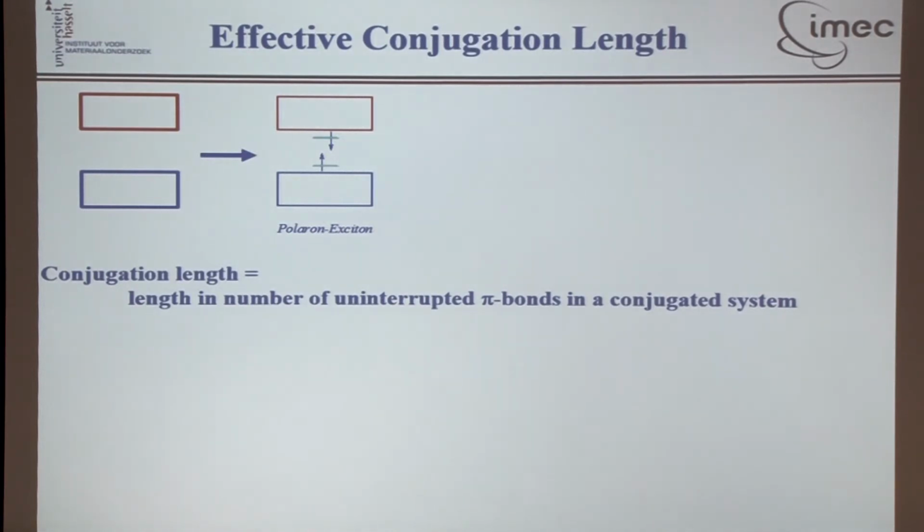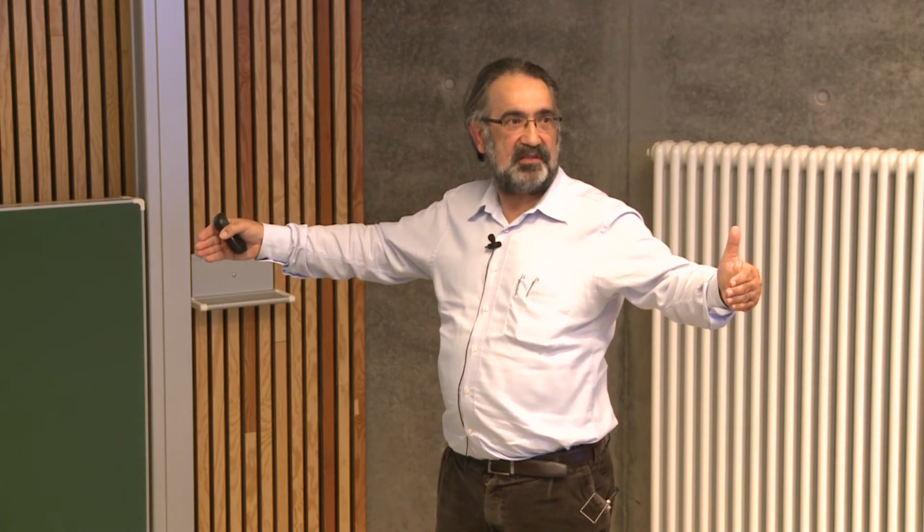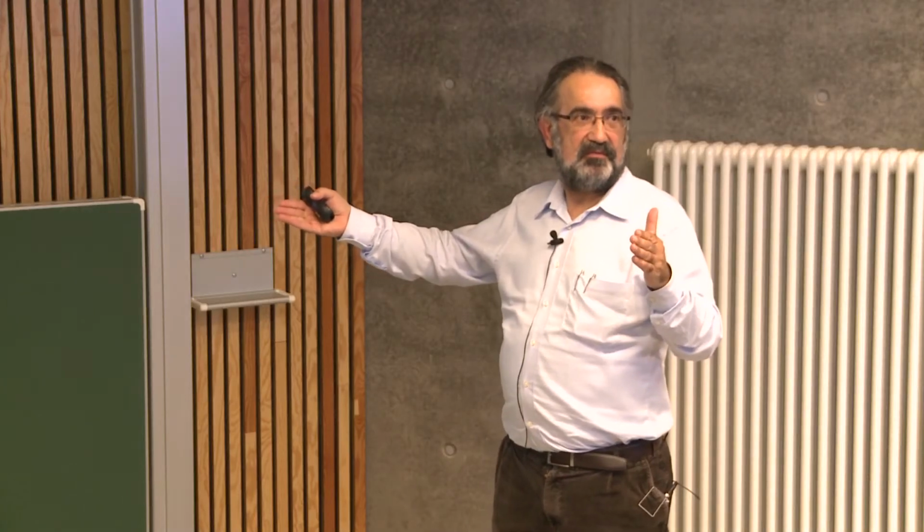Before I show you the other example, I have to define the conjugation length and the difference with the effective conjugation length. So the conjugation length is how large your pi system is if you draw the structure. You can count the number of double bonds that are alternating with single bonds, and how far you can reach determines how large your conjugated system is. The effective conjugation length is the extent to which this conjugation length affects the absorption spectrum.